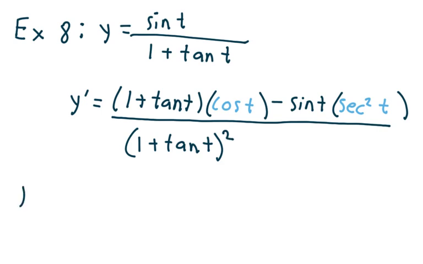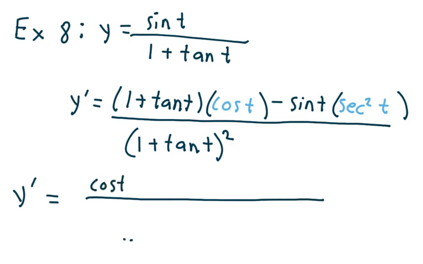So if I simplify this down a little bit, you get the following. You get cosine t plus cosine t tangent t minus, now, here, I'll write it down, sine t times secant squared t.